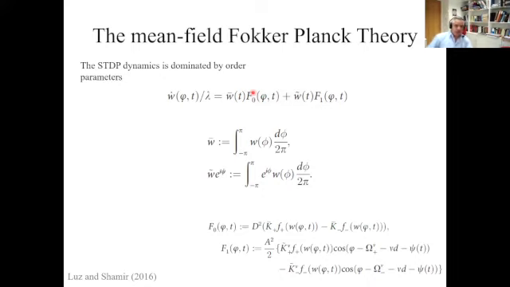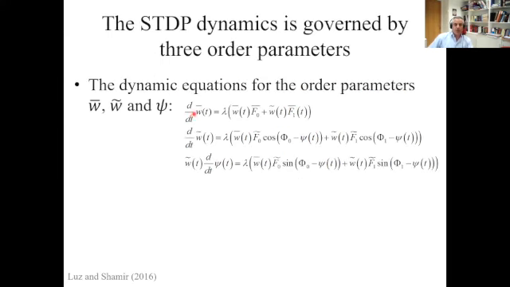And from these equations, we can derive the dynamics for the order parameters, for the mean synaptic weight and for the population vector. And what we want to study, of course, is the development of phase preference.